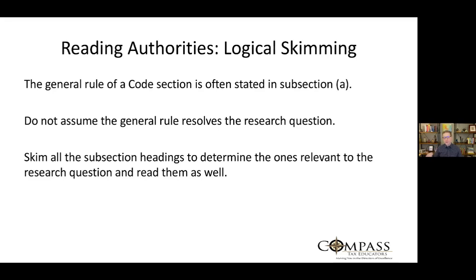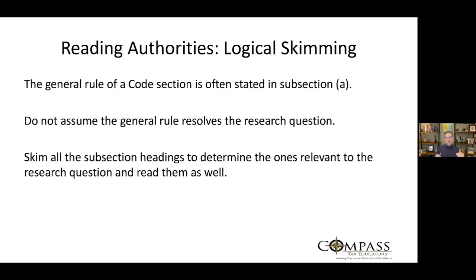The way it usually works in a code section is that the first subsection, which is A, gives you the general rule that applies in that code section. For like 121, gain from a sale of a primary residence is excluded. And then everything else gives you either definitions related to that or special rules related to that. But you can't assume that the rule in subsection A is all you need.